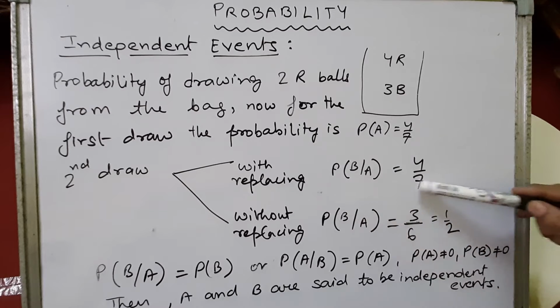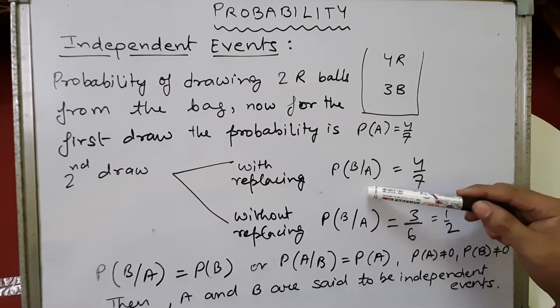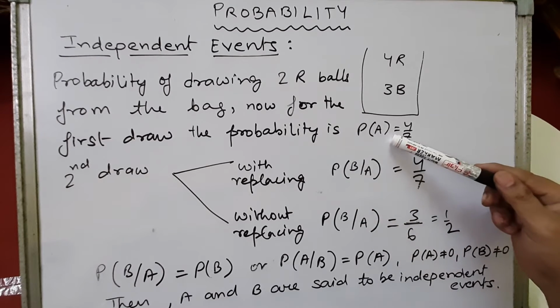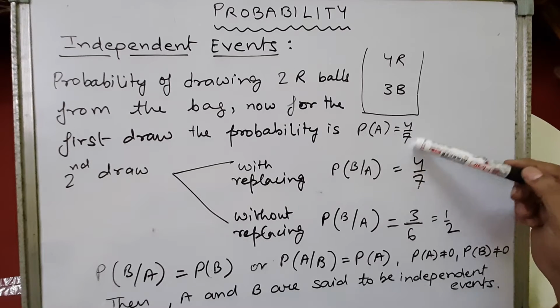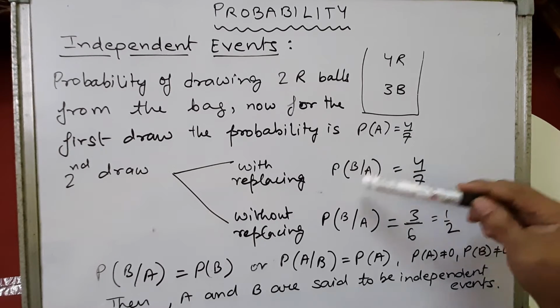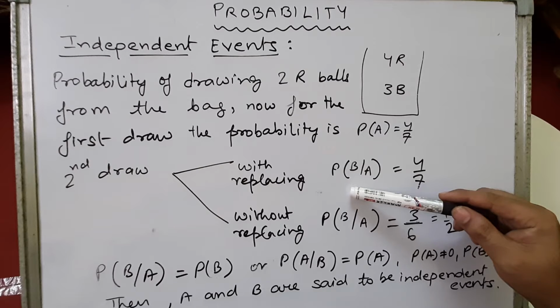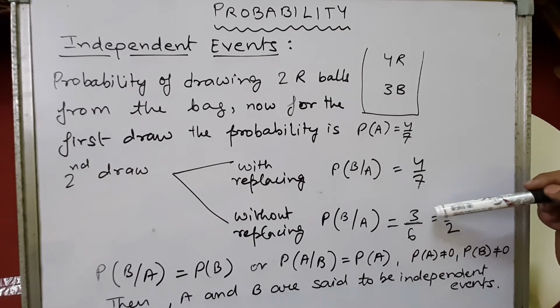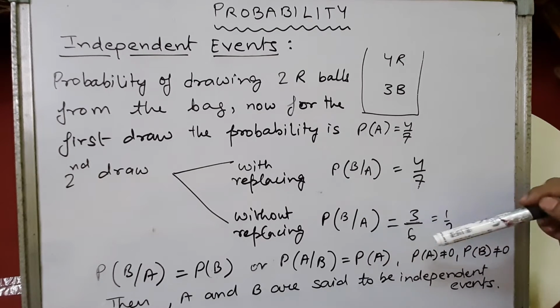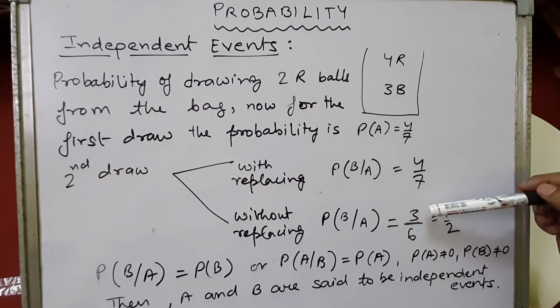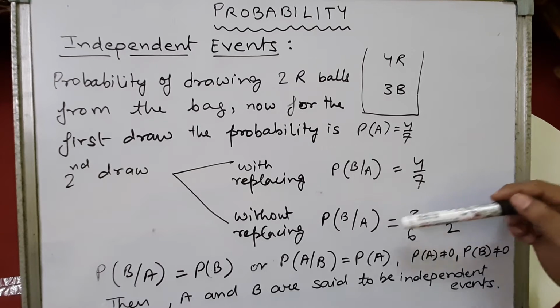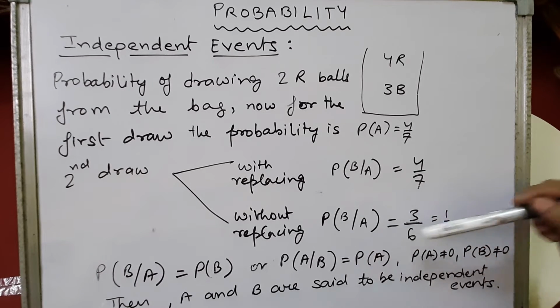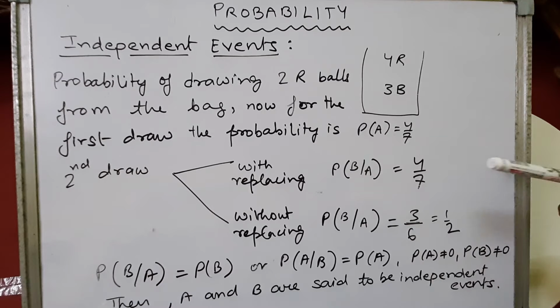In this case, event B does not depend on event A. Whatever event A is, that does not affect event B. But in the second case, event A is affecting event B, because now the total number of balls has become 6 and the number of red balls has become 3. So we can say that in the second case, A and B will not be independent events, but in the first case, A and B will be independent events.